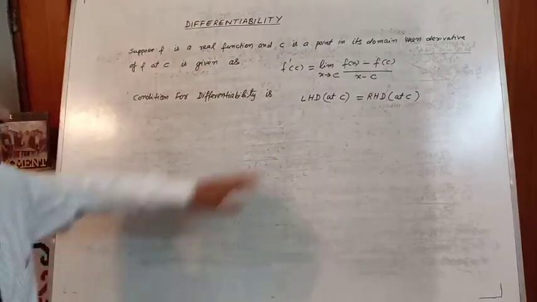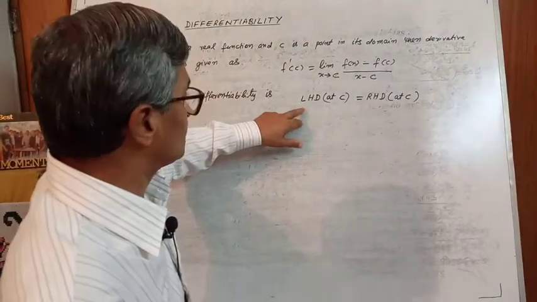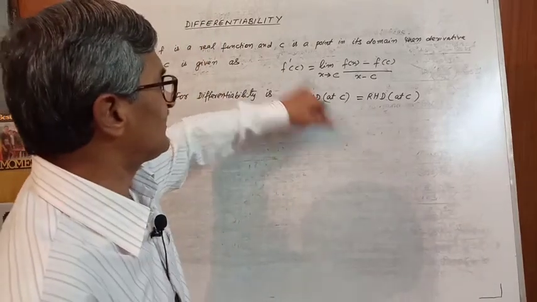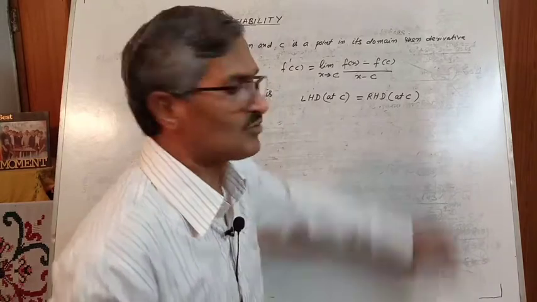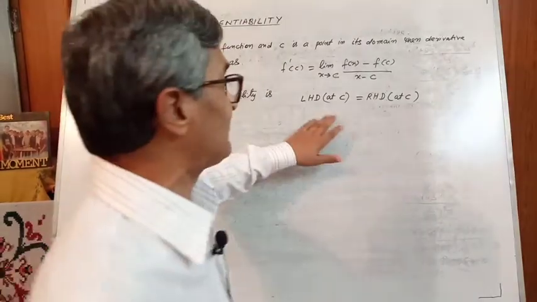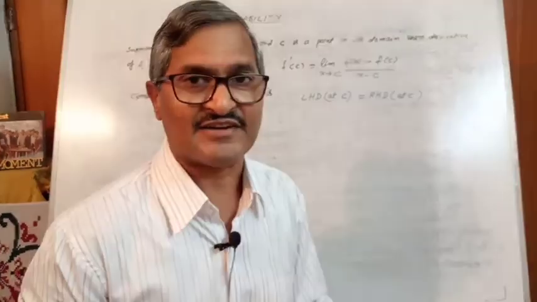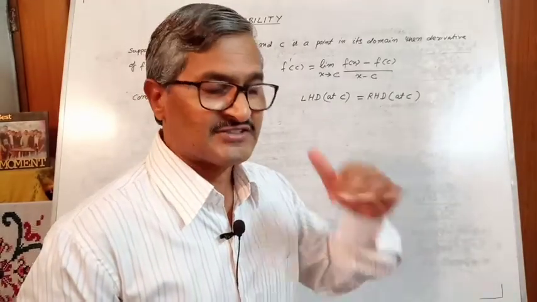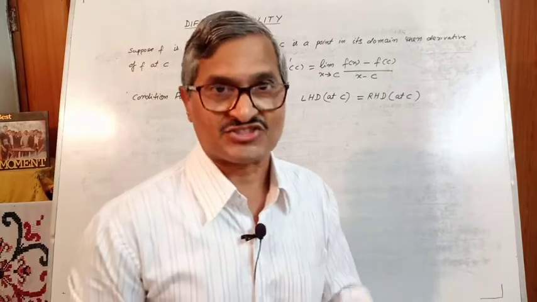These two limits must be equal. These two limits are known as derivative, so left hand derivative is equal to right hand derivative. If we get left hand derivative equal to right hand derivative at the point c, then the function is differentiable at point c.